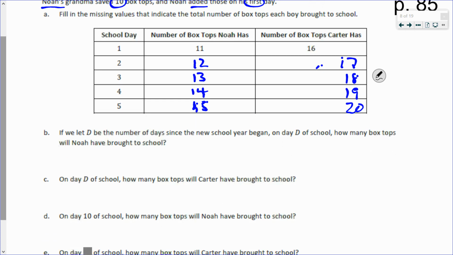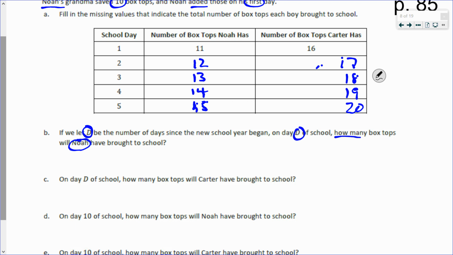Now let's start to break it down. Just as we did last time, we're going to go with an unknown D. This will work for any time of the year because they're doing the same thing every time. They're bringing one more. So on day D of school, how many box tops will Noah have brought to school? What is D?